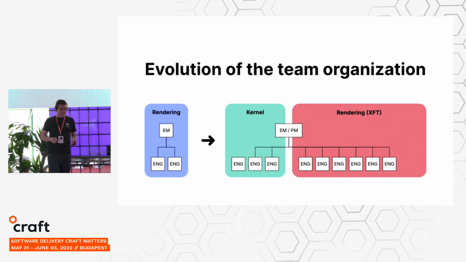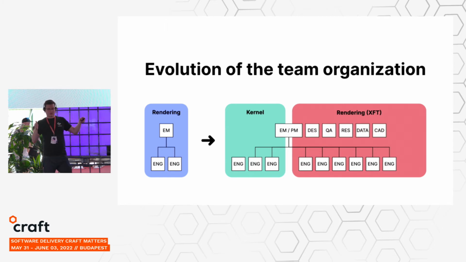From the engineering side, we grew from 2 into 9 engineers, and myself being an EM and PM role mixed. And we grew into a cross-functional team by having a product designer, QA, user researcher, data scientist, and a CAD expert in the team for supporting this feature. And as I mentioned, we had the 2 contractors who are delivering content for the project.